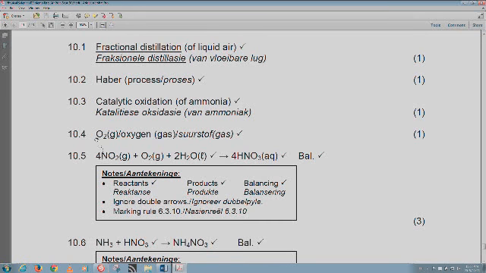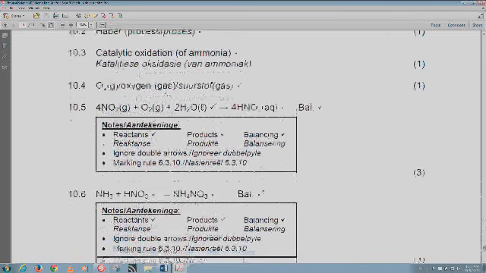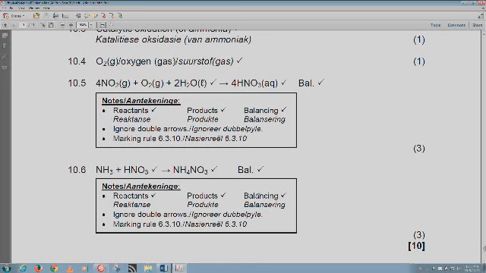And then for balancing with the 4 on NO2, the 2 on H2O, and the 4 on HNO3, the learner will get the 3rd mark. And then you may ignore the double arrows there. And then marking rule 6.3.10 applies there, where for you to be able to mark the reactants and the products, there must be the arrow there.